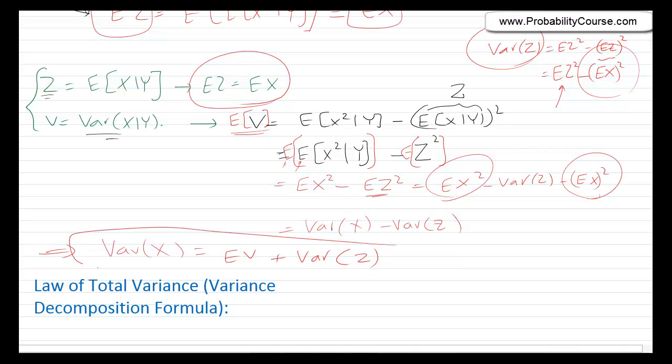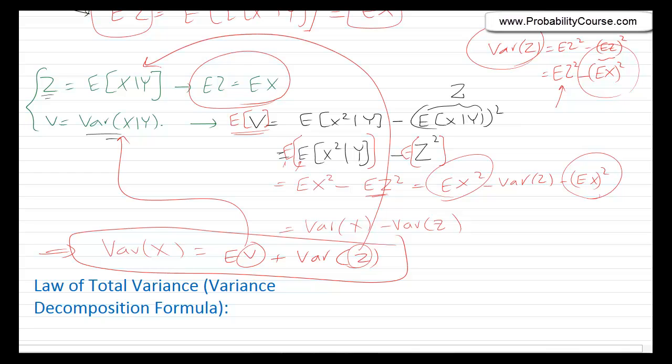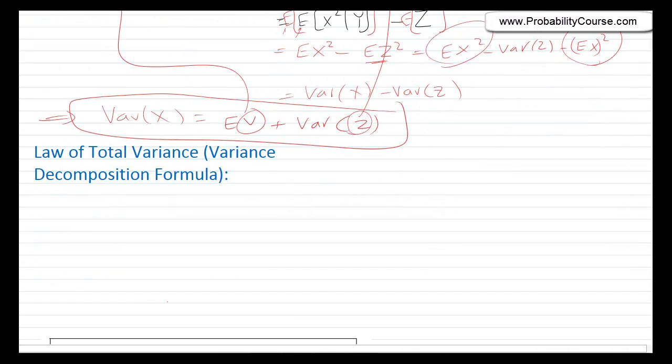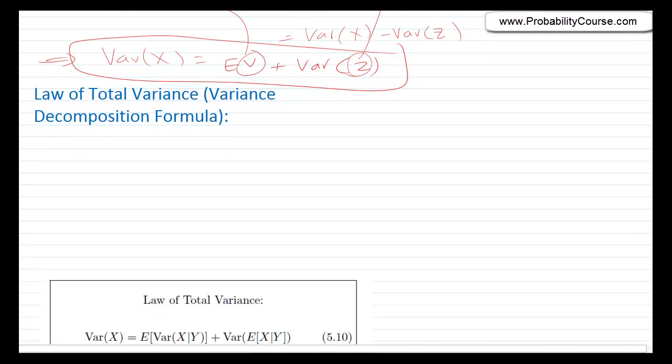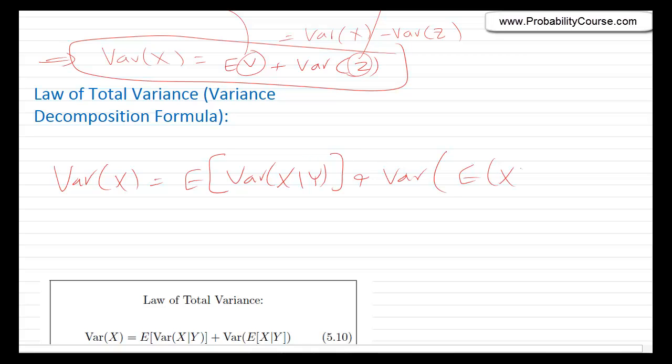And remember, v was the conditional variance, and z was the conditional expected value. This is called the law of total variance. Let me just write it again. Variance of x is equal to the expected value of the variance of x given y plus the variance of the expected value of x given y.